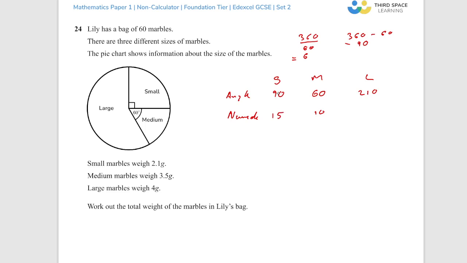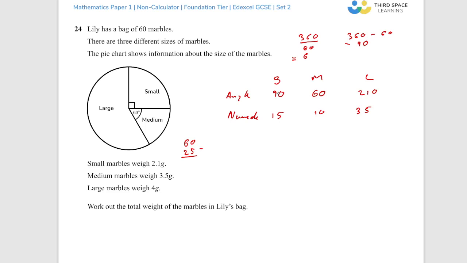So 60 minus 25 is going to be 45. I'm trying to do in my head 60 minus 25. I'm being a bit slow. Yeah, 35.